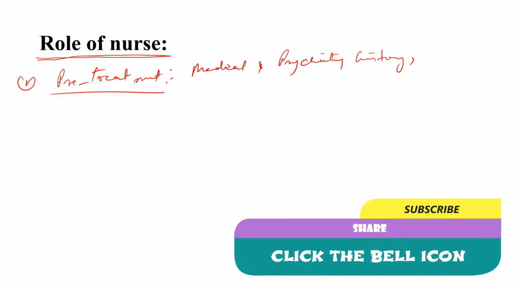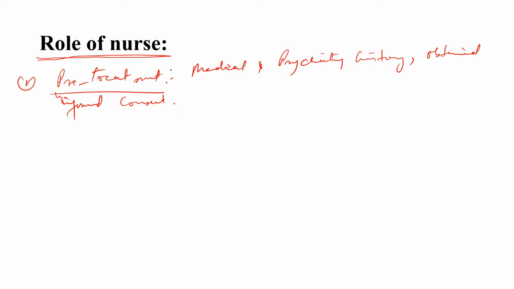Then obtain informed consent. Keep the patient NPO for 4 to 6 hours. Withhold oral drugs in the morning. Remove jewelry and empty bladder and bowel prior to ECT.